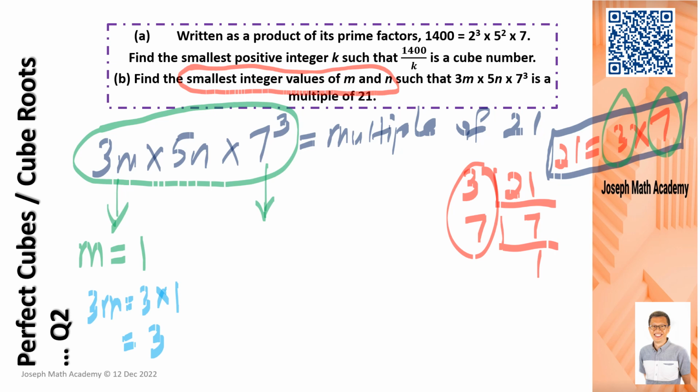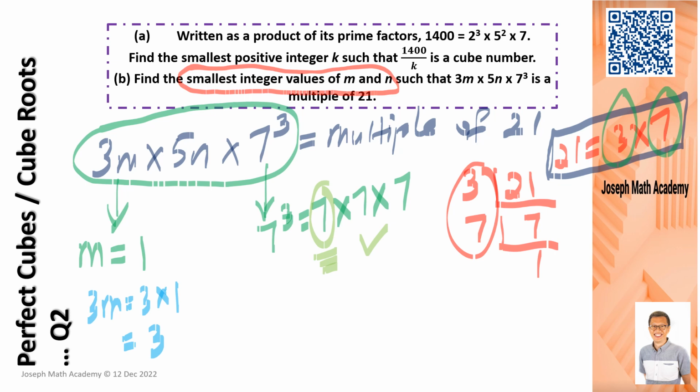Now, this 7 cubed is actually 7 times 7 times 7. 7 appears 3 times, and we only need one 7. Because it has to be a multiple of 21, it's okay as long as we have one 7 there. So this is okay, retain.